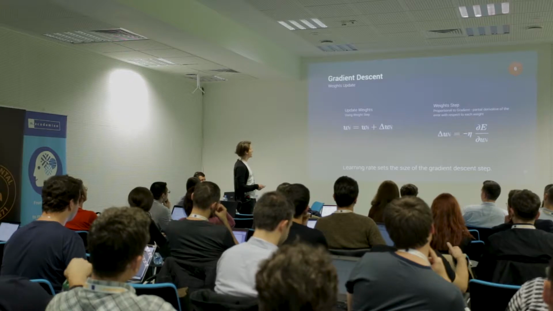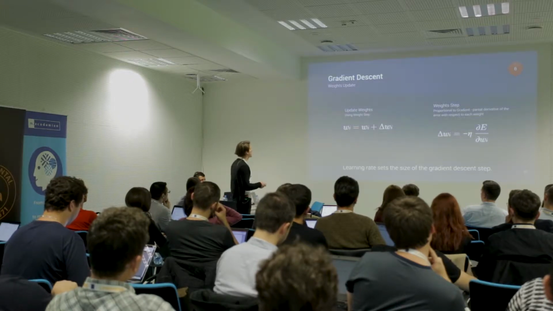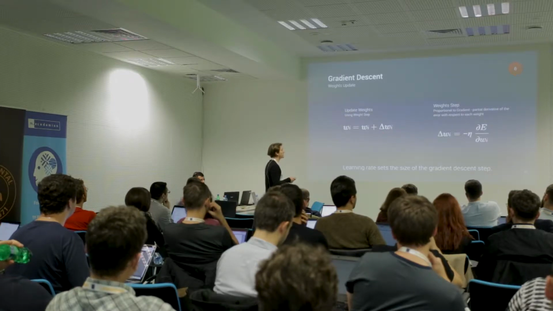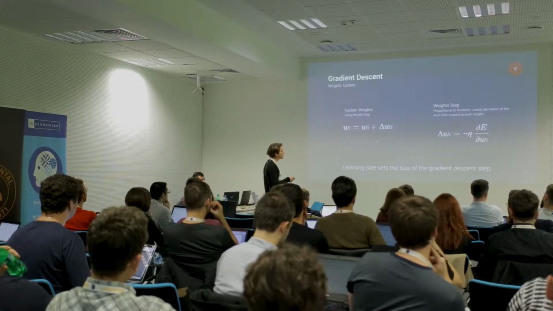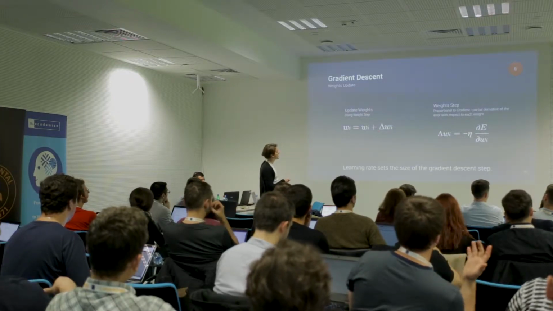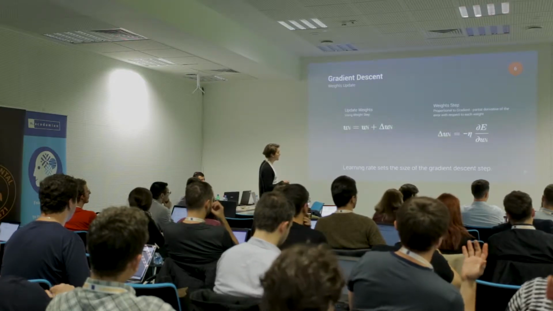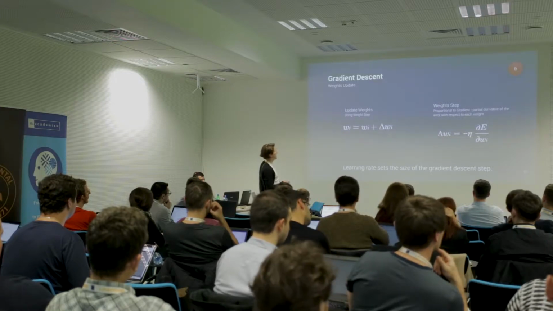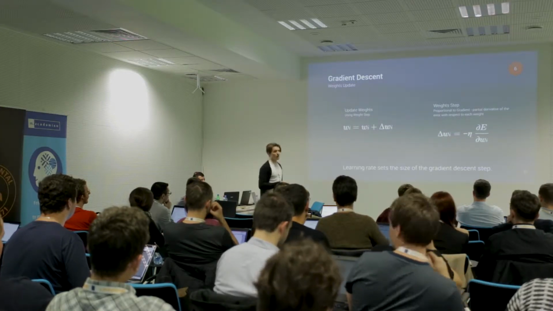So you do the weights update, which means that you use the previous weight and add to it the step that was calculated for the gradient descent part, and this is the new weight. Basically this process is what makes the neural network learn.